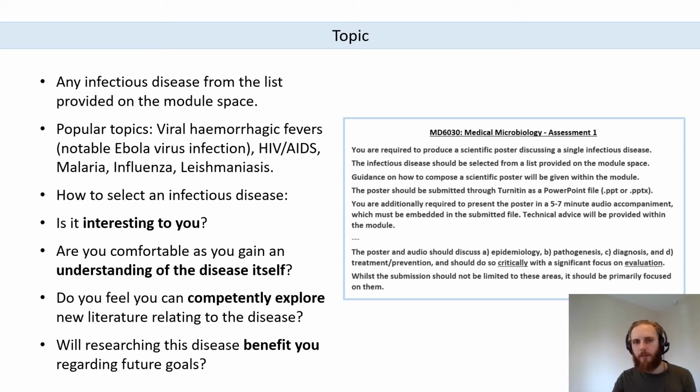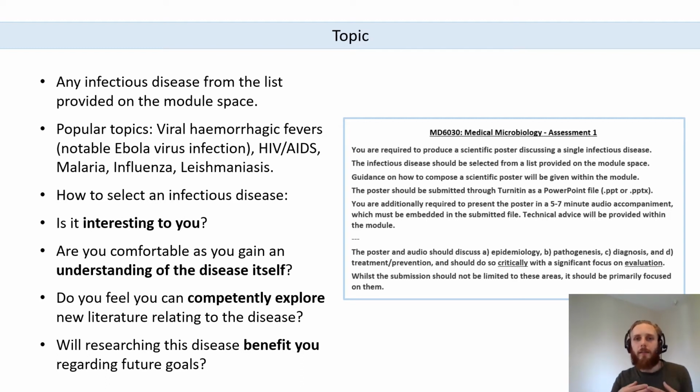There's just a slight barrier, because I don't read it as much, and it's not the area of science that I did my PhD in and that I do my research in. So I don't feel as at home as I do when I'm reading viral literature. And you may well feel the same, in the sense that literature relating to bacteriology just makes a little bit more sense to you. You pick it up quicker. You understand the concepts quicker.